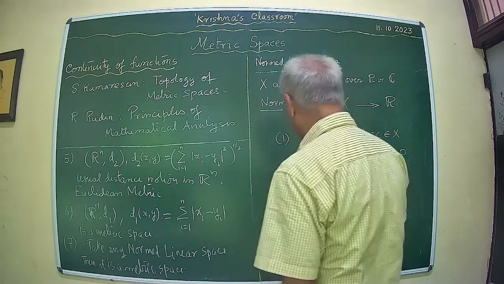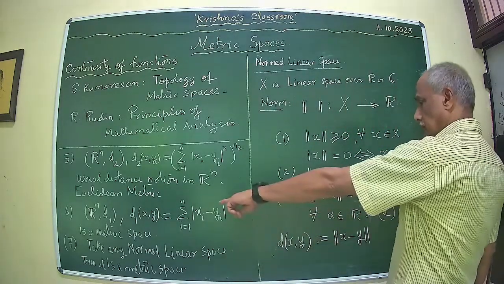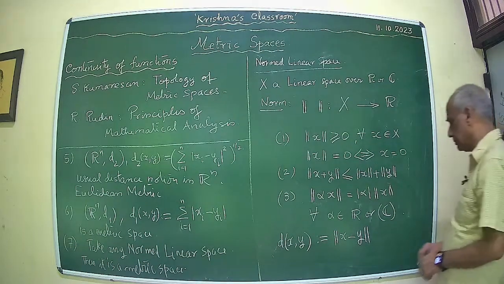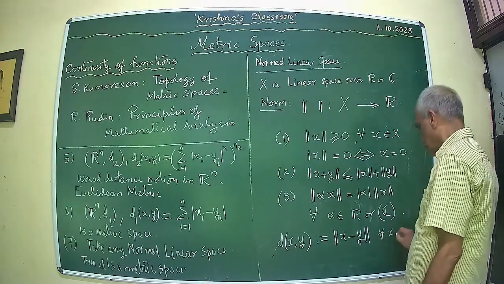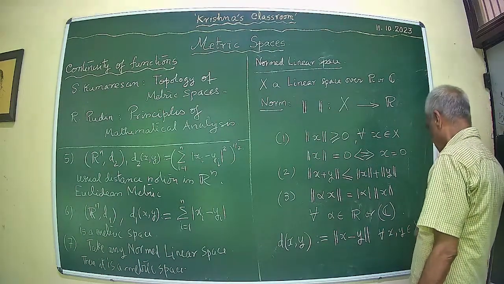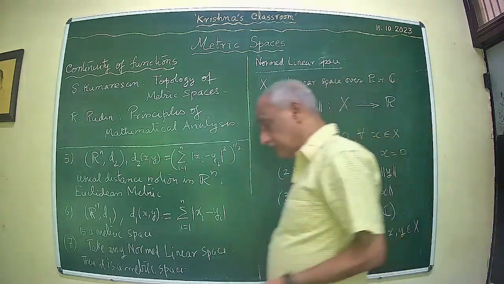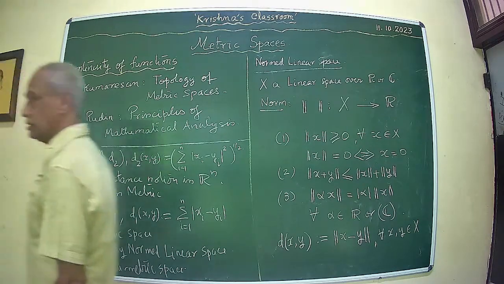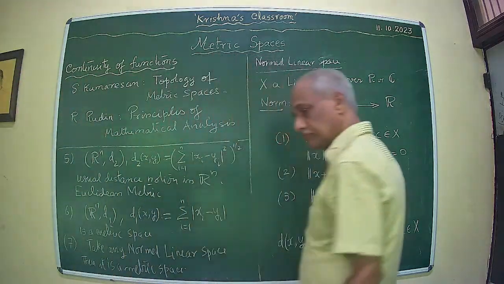Now you can prove that all the conditions of the metric space are satisfied. So all normed linear spaces are metric spaces with the induced metric. Okay.